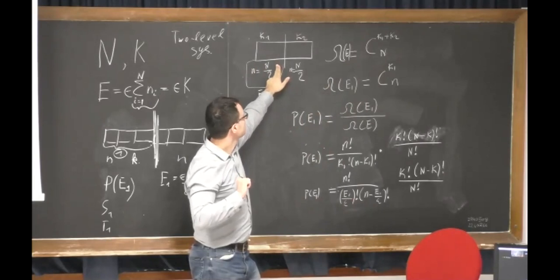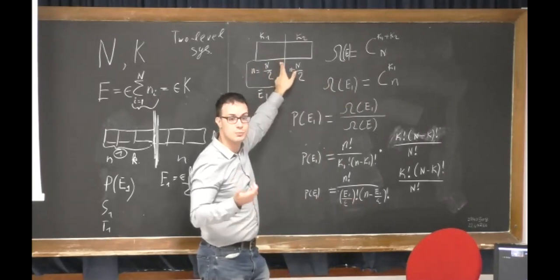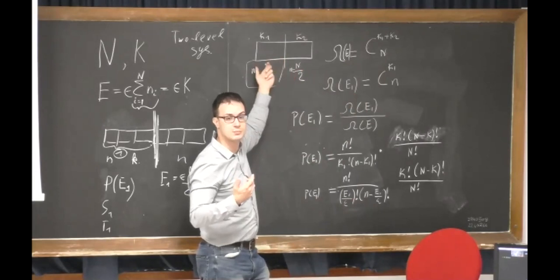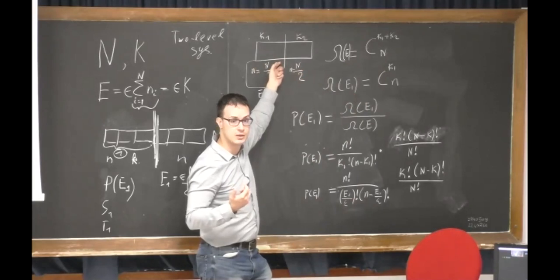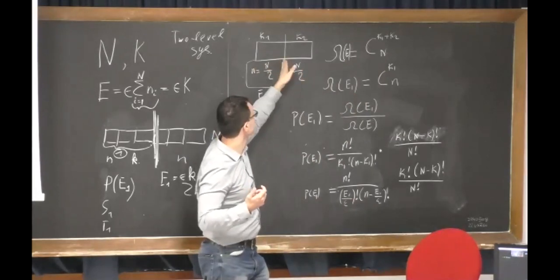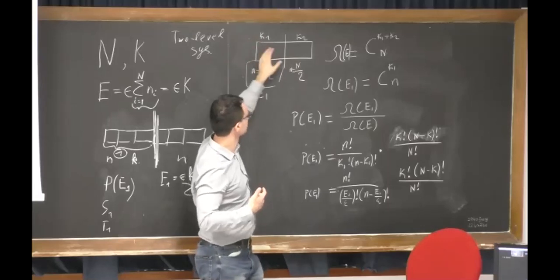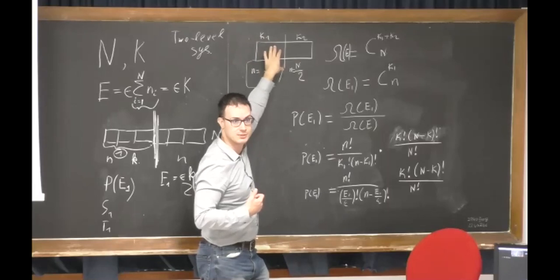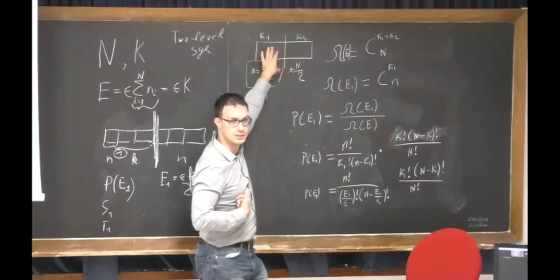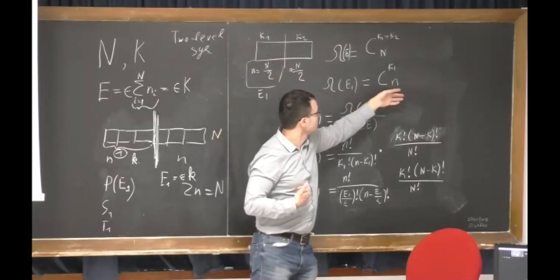And then let's just count how many ways this system could have this energy. If we fix the energy, it's again the problem of solving a microcanonical system, but this time for this subsystem with lowercase n.